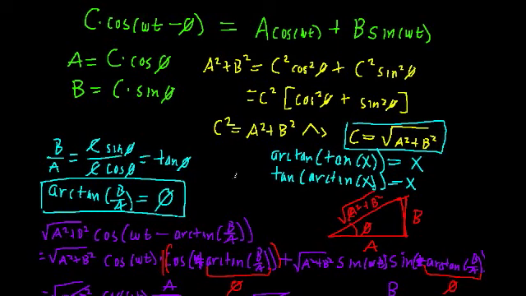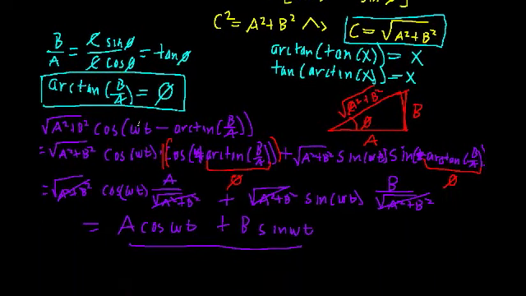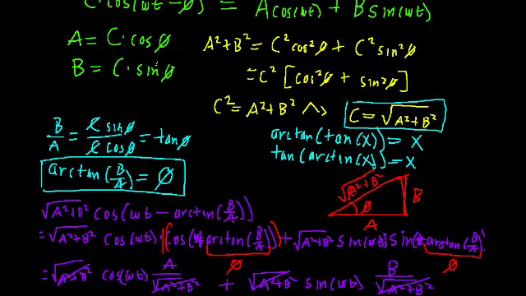And then we're left with the task of finding out what the cosine of that phase was and the sine of that phase was. And from our definition here, we knew that the tangent of that phase was equal to b divided by a. So from that, we're able to construct a nice right triangle, and we're able to find out what the hypotenuse was. So with this right triangle, we're able to figure out what the cosine of that phase was and the sine of that phase was.